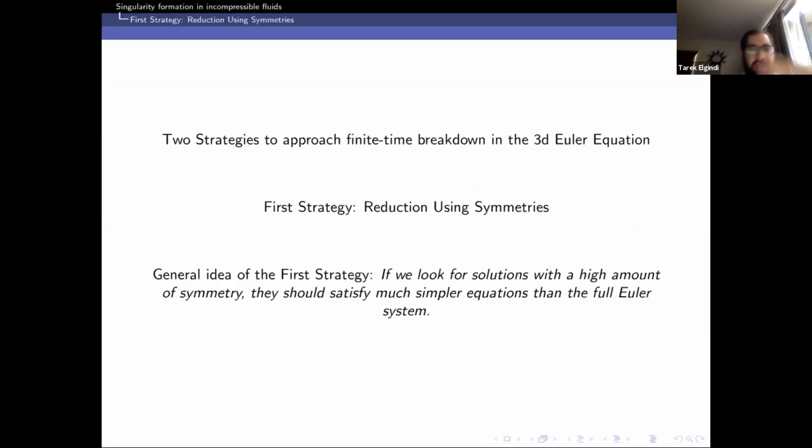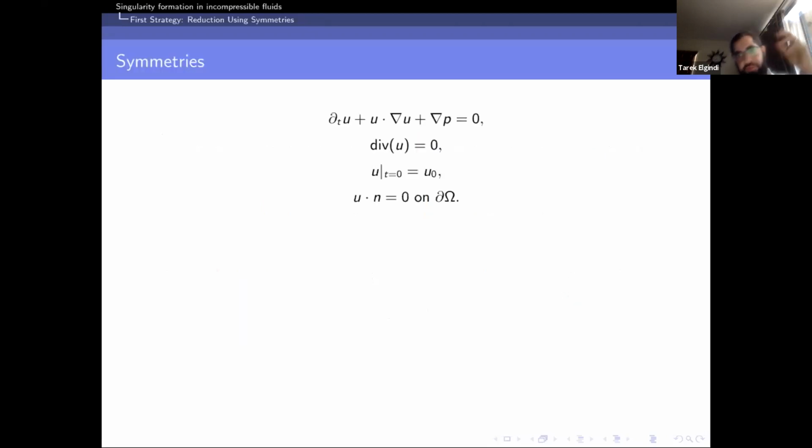The general idea is that the more symmetries you impose on the equation, whatever they are, the simpler the system should behave. If you impose too much, of course, you might end up having no motion, essentially in a stationary state. So one has to be careful as to what exactly you do.